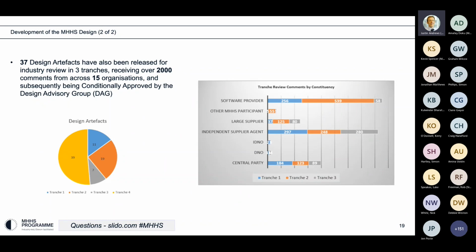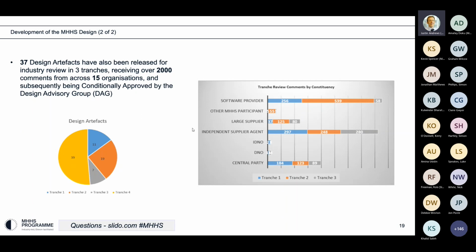That's been approved on the basis that with each design artifact, there will probably be some open design issues where we've still got to do further work as a program to resolve them, say where we've got optionality on solution design, or further detailed work within a further tranche, or where we've got dependencies on other areas.